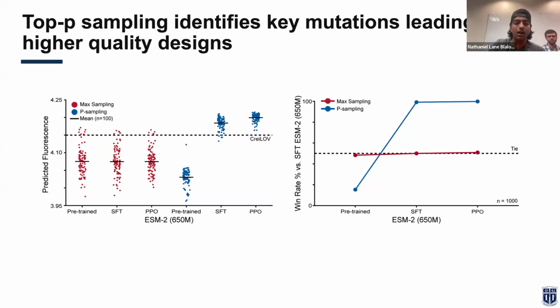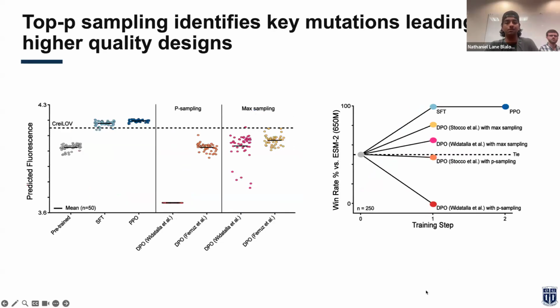The last thing that I wanted to mention as it relates to top P sampling is that when we benchmarked RLXF against some of the other popular reinforcement learning methods in the literature, we found that with top P sampling, we were actually able to outperform these methods, even with these methods using max sampling.